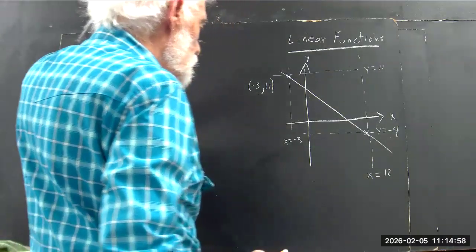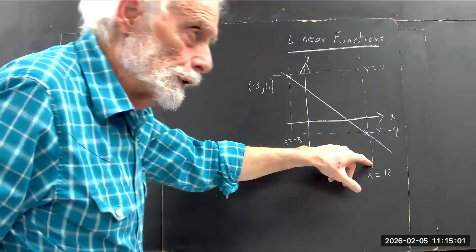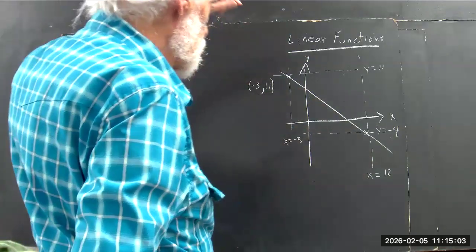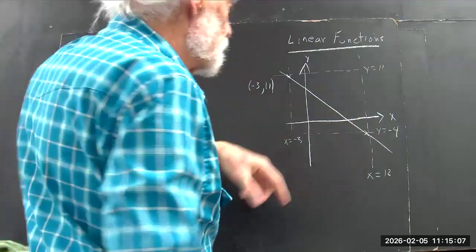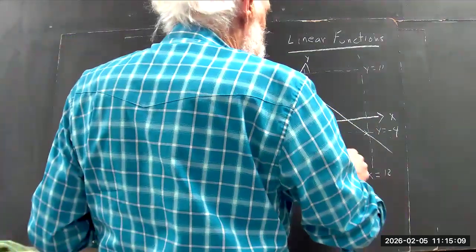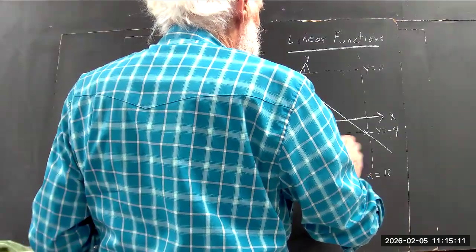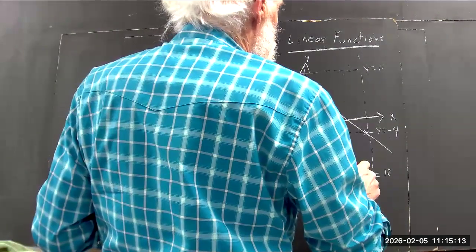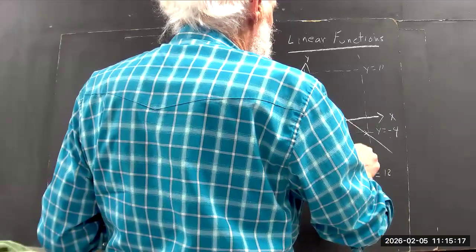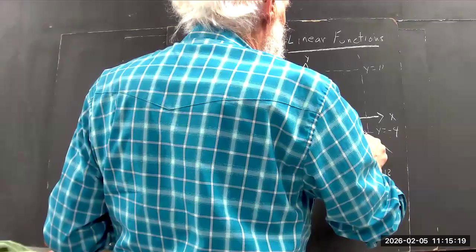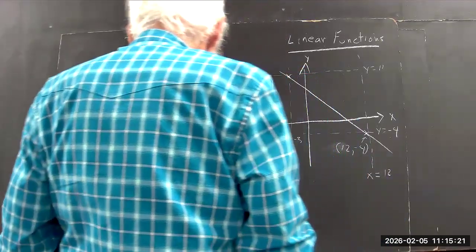So now we know that this picture represents the straight line that goes through the point (-3, 11) and the point, haven't labeled it, but x is 12, y is -4. Okay.